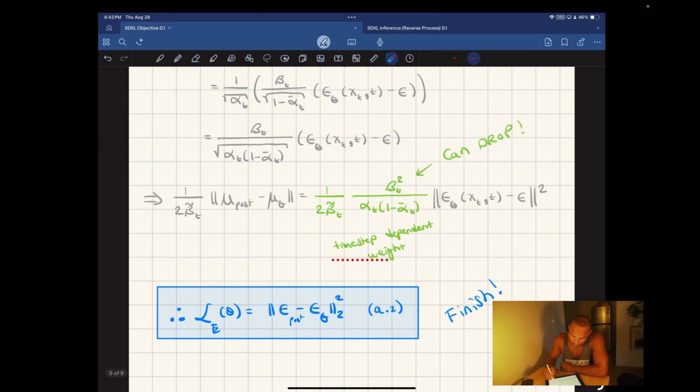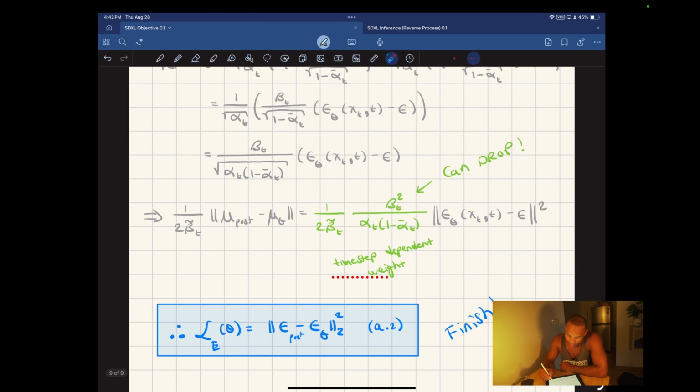Then if I want to pull this outside of this squared L2 norm, we just have to square it. It becomes a quadratic term, so that will remove this square root, and it'll add this here. And then this is our weight. Now we have it in terms of epsilon, and this is our weight, which we can drop.